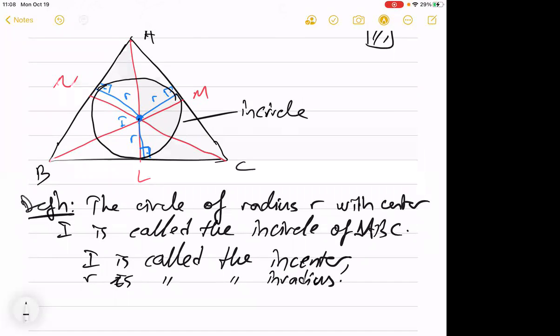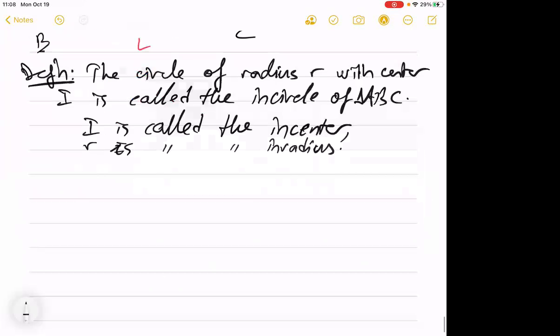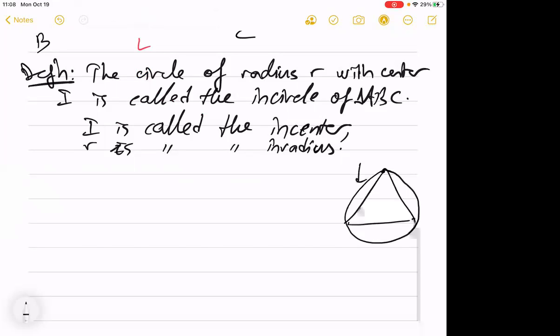Now let's draw more things about the incircle and excircles. There's also the excircle, which I will explain in a moment. The excircle is not the circle passing through A, B, C. That was, remember, its name was, what was its name?